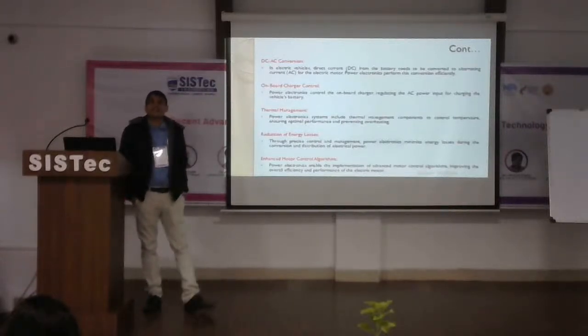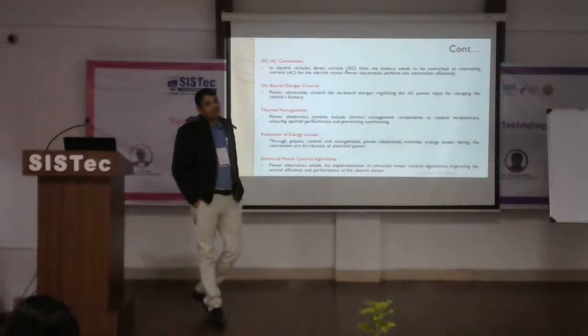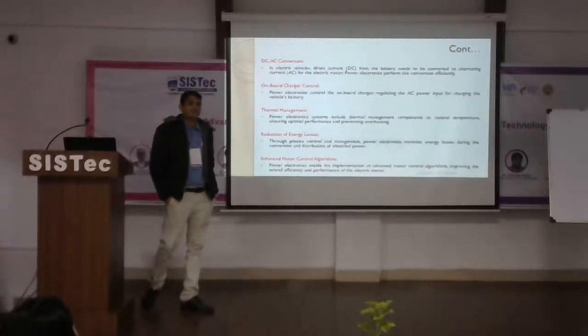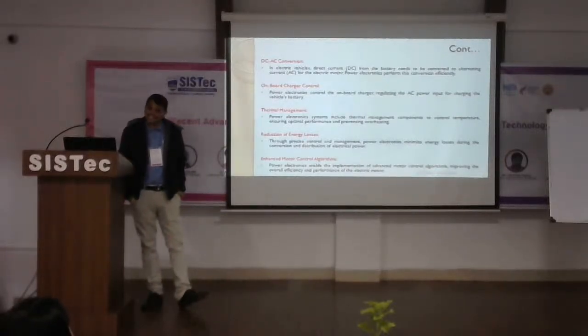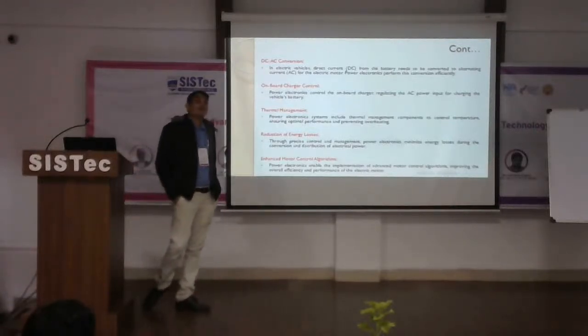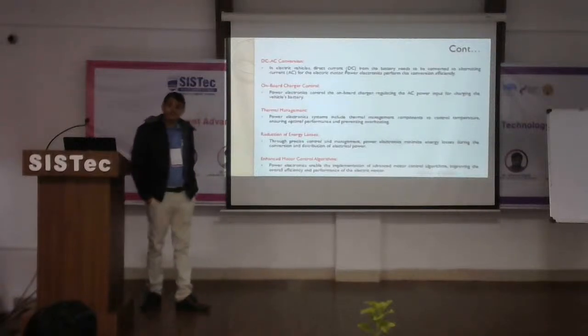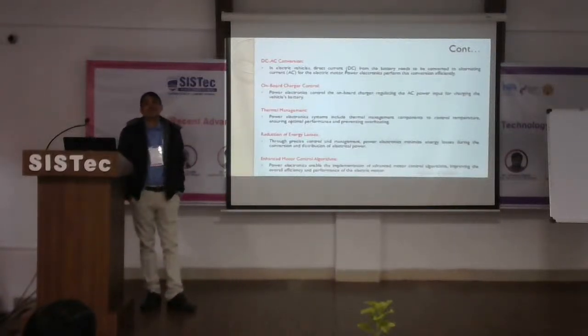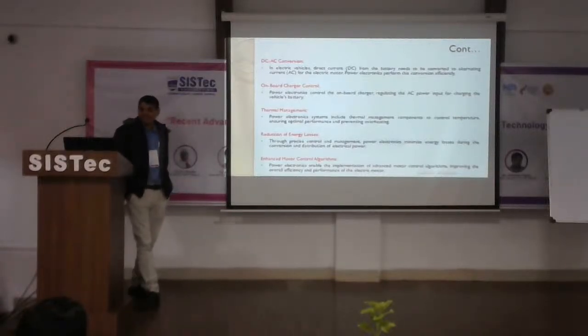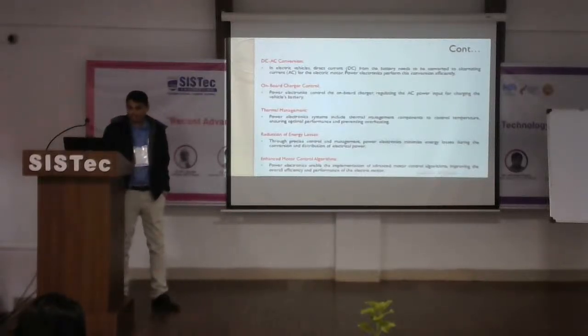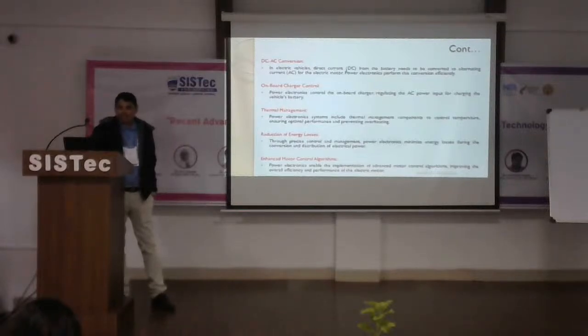If you want to charge the vehicle, you can use that charger or converter to charge the battery. And on the other side, if you do not have supply, you can use that same electric vehicle as a backup system. So a bidirectional converter is required at that time. A unidirectional converter will not do those things. So onboard charger control is required.